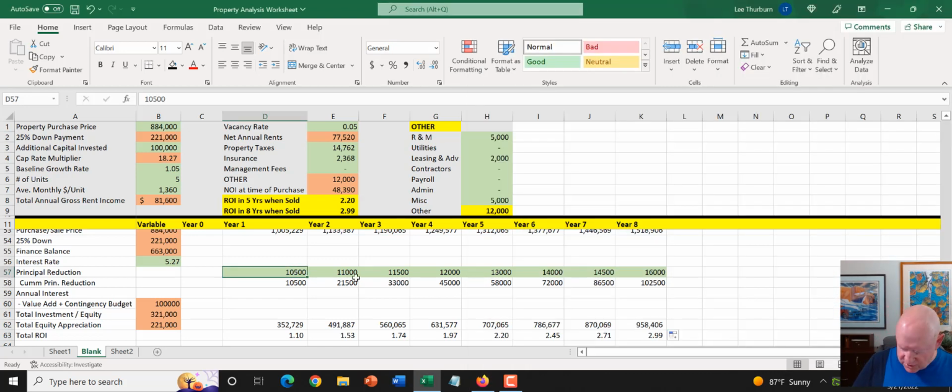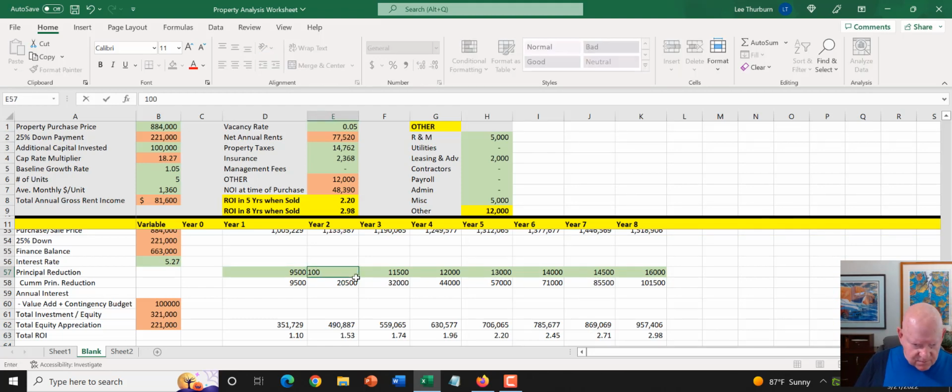So I'm going to adjust this to $9,500. We're going to make this $10,000 because it goes down by about $500 each. 10.5 and then 11.